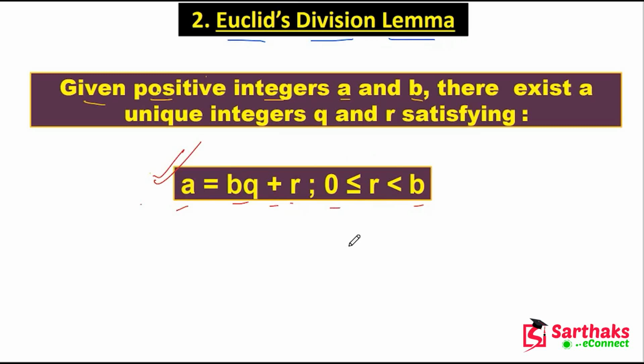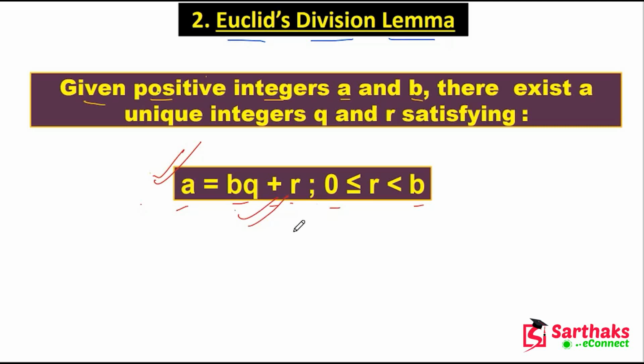So Euclid's division lemma states that given two integers a and b, there exists a unique pair of integers q and r such that a = bq + r, where 0 ≤ r < b.